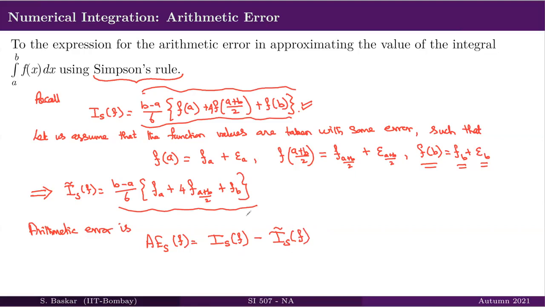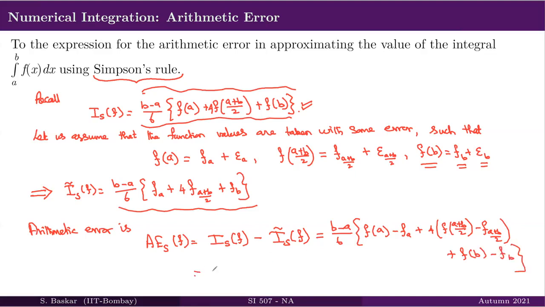So if you substitute the corresponding expressions into this, we will see that it is given by (b minus a) by 6 into [f of a minus f̃a, right, plus 4 times (f of (a plus b) by 2 minus f̃((a plus b) by 2)) plus (f of b minus f̃b)], right?